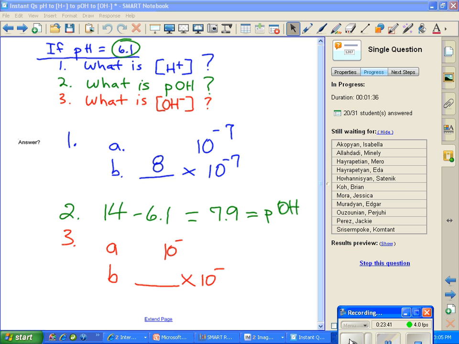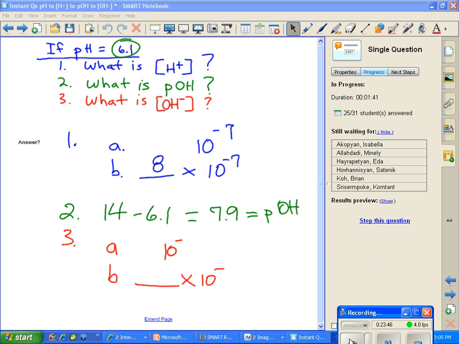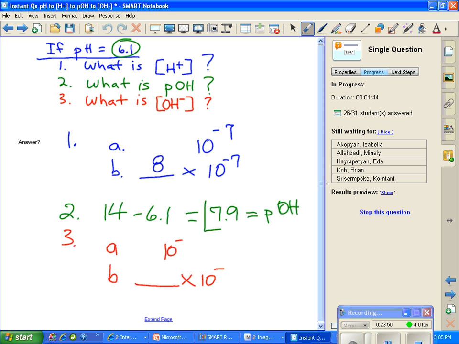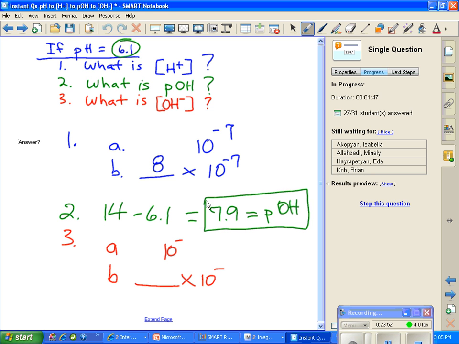This is working from number 1. But the basis of solving this problem is question number 2. That's the value of the pOH. When we anti-log that, we get the value of the OH concentration. It works the same as if we were doing the pH and trying to find the hydrogen ion concentration.